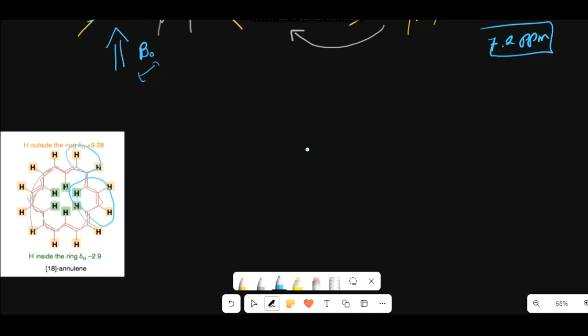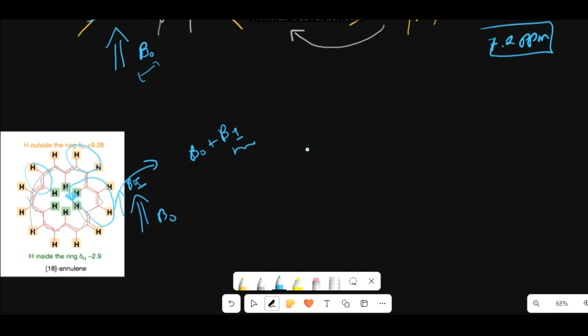So you can see in these inner hydrogens, the magnetic field due to the electron rotation will be opposite relative to the applied magnetic field, but the outer hydrogens will have the same direction as the applied magnetic field. So these outer hydrogens will have the total magnetic field as B0 plus Bi.